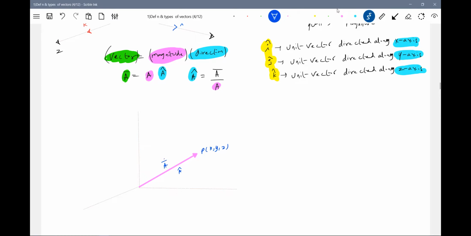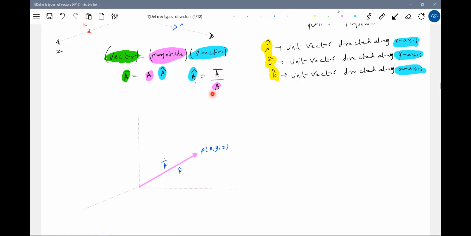So for every vector, the unit vector will be directed along the vector. The direction of the vector will be the unit vector. So how would we define a unit vector? Vector by its magnitude. For a given vector, to calculate the unit vector means vector divided by its magnitude.